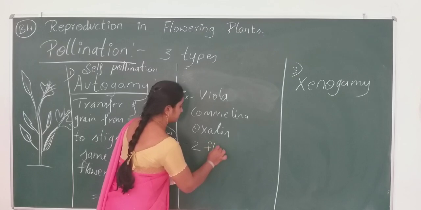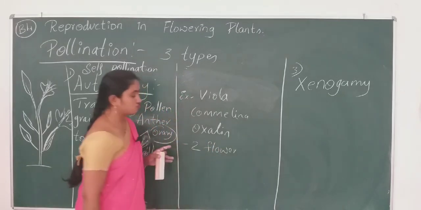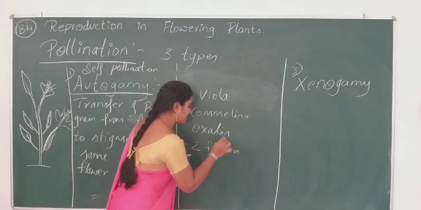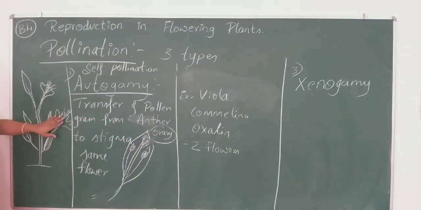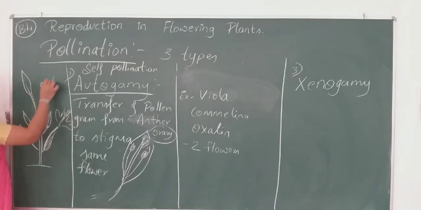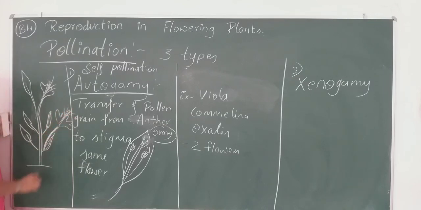two types of flowers. Of these two types of flowers, a few flowers are open and will blossom. It is not closed. It will open, and the anther and stigma come out from the petals.